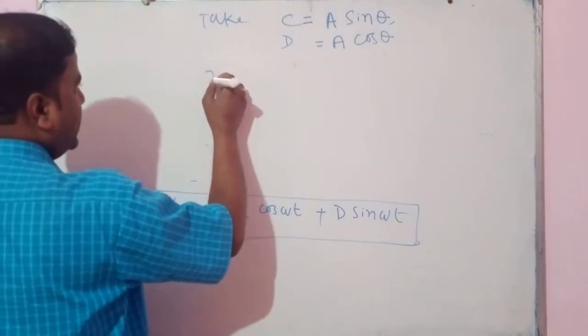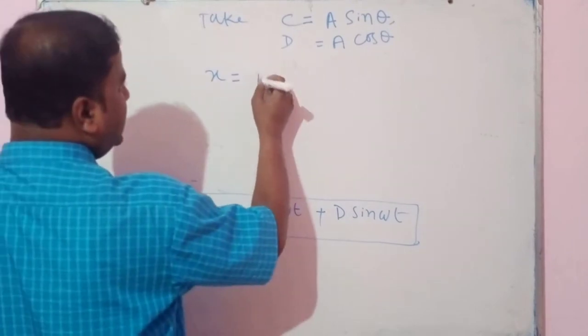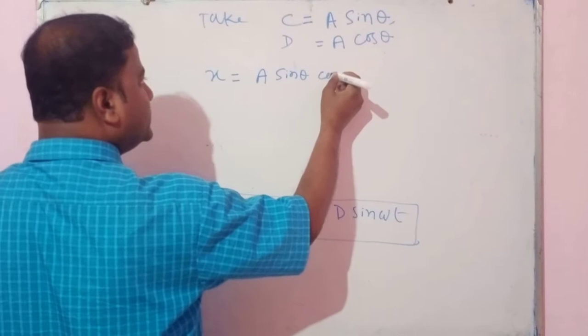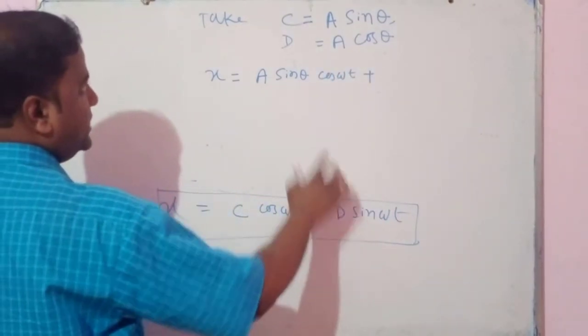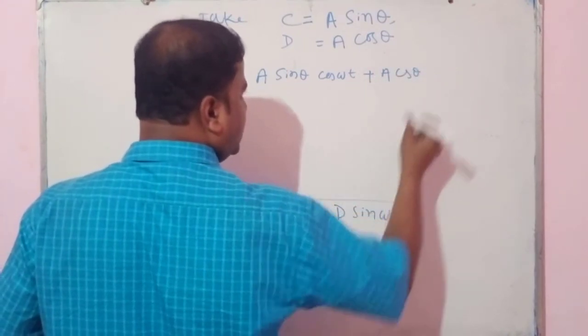Now we substitute here, then we get c is A sin theta cos omega t plus d, here A cos theta sin omega t.